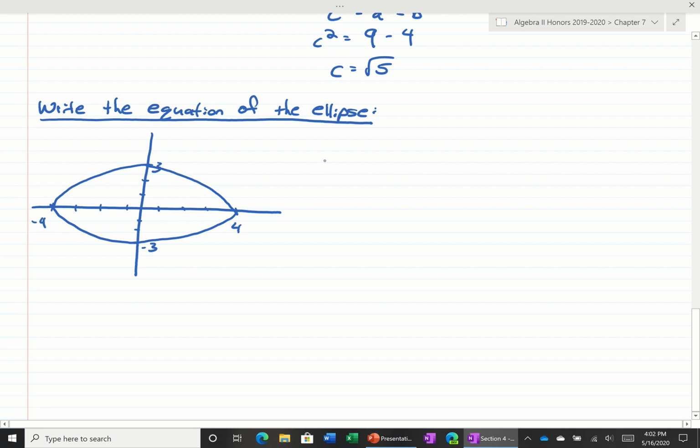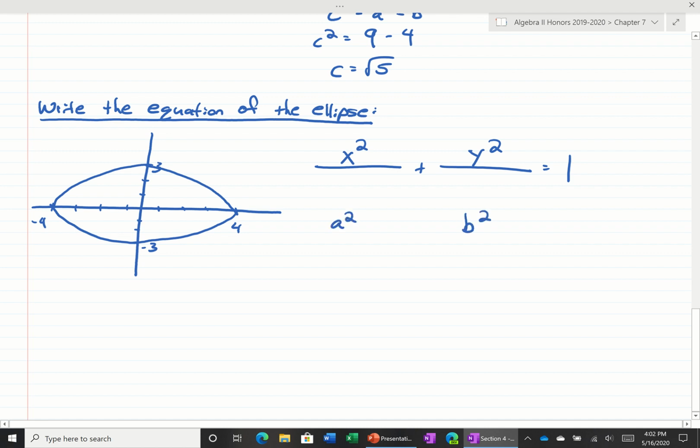All right, so let's set it up. The center is 0, 0, so you could say x minus 0 squared here, but generally people just put x squared and y squared. The tricky part is, it's horizontal, so our a squared is going to be on this side.